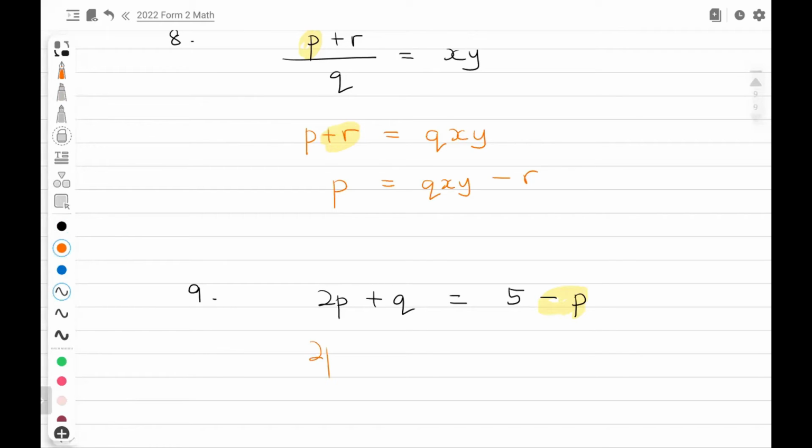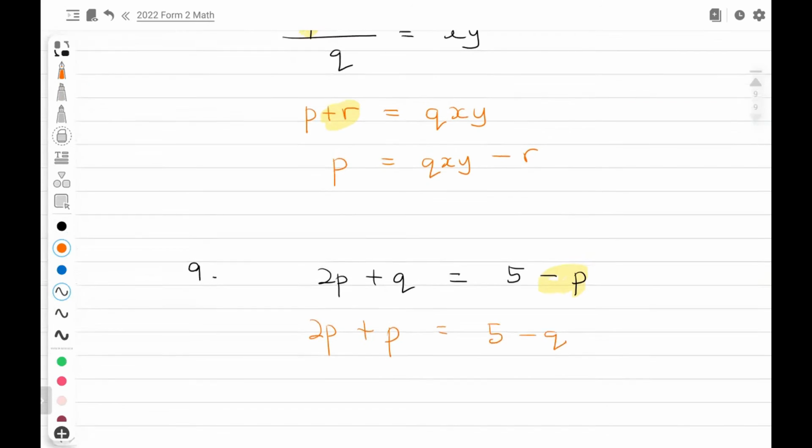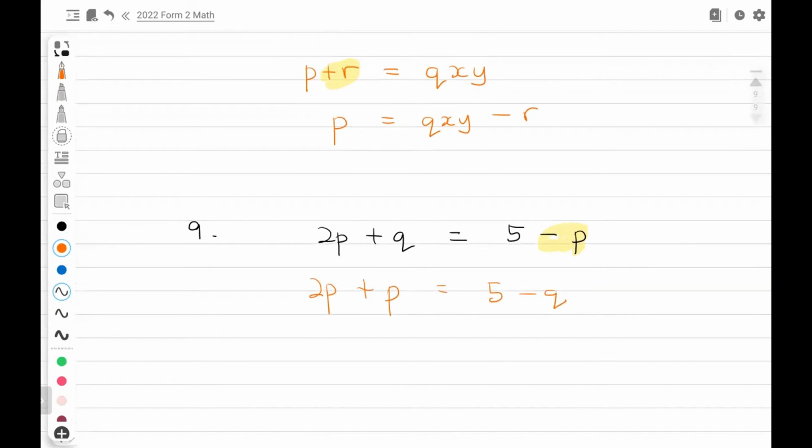So 2P plus P equals 5 minus Q. Yes, like terms. If like terms, 2P plus P, now we can solve, right? We can simplify. So it becomes 3P equals 5 minus Q. P equals (5 minus Q) over 3. That's the answer. P alone already.